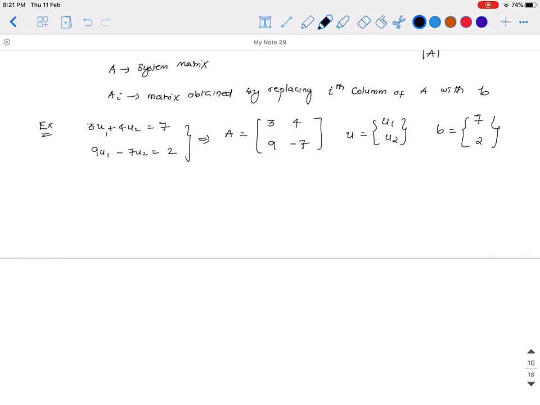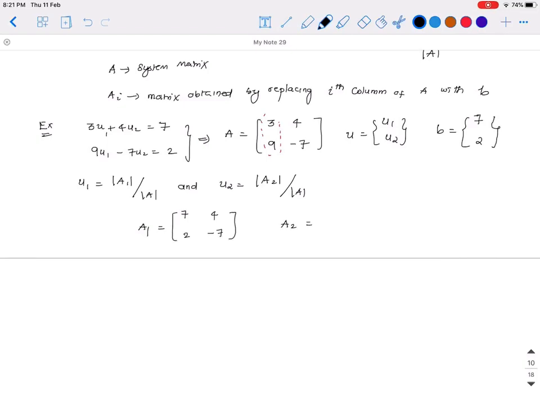Now the solution can be found simply by computing the determinant of A1 by A, and A2 by A. A1 is obtained by replacing the first column of A with the right hand side, so that would be 7, 2, 4 and -7.